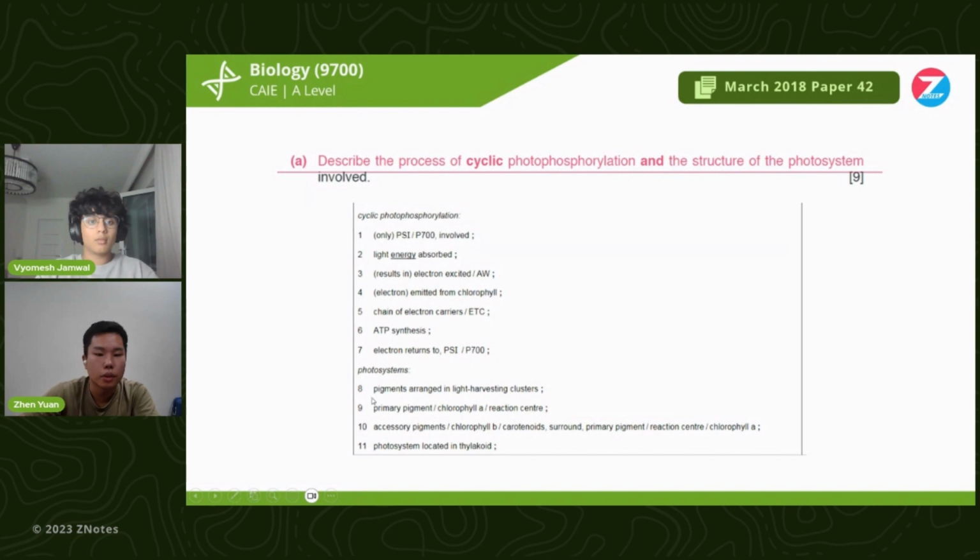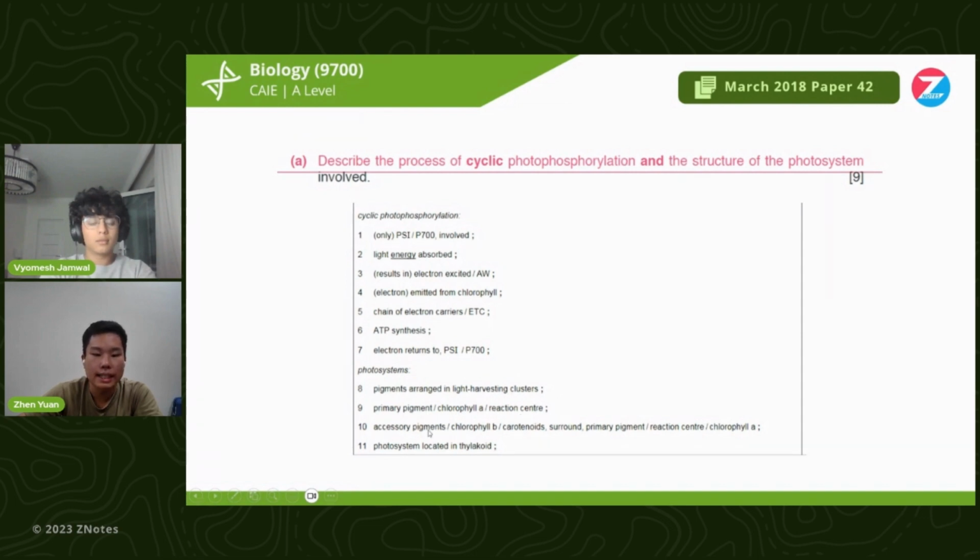And let's talk about the structure of photosystems. They are arranged in light harvesting clusters. Yeah, we call your photosystems light harvesting clusters, and your primary pigment, another word for chlorophyll A, resides in your reaction center.